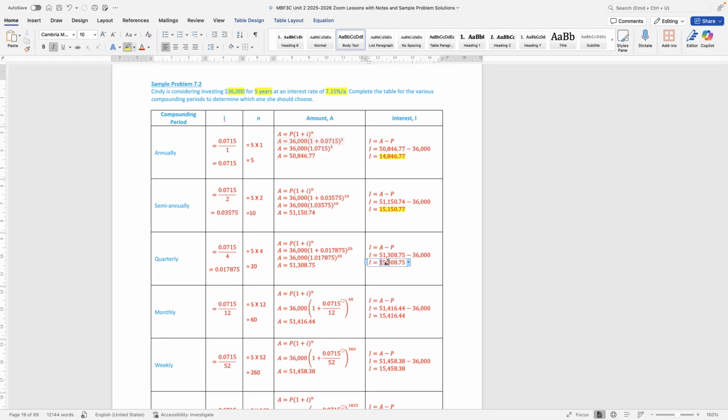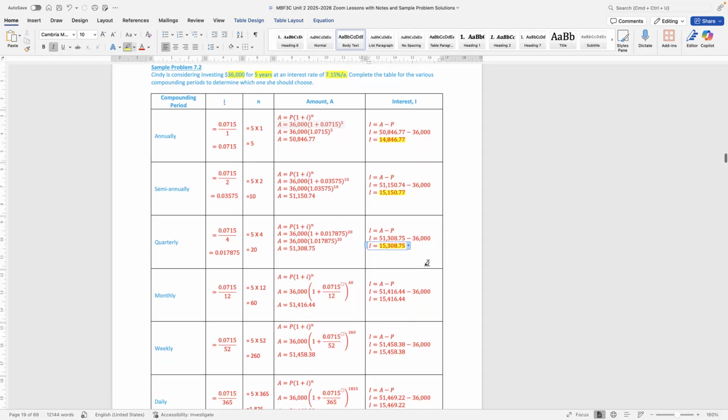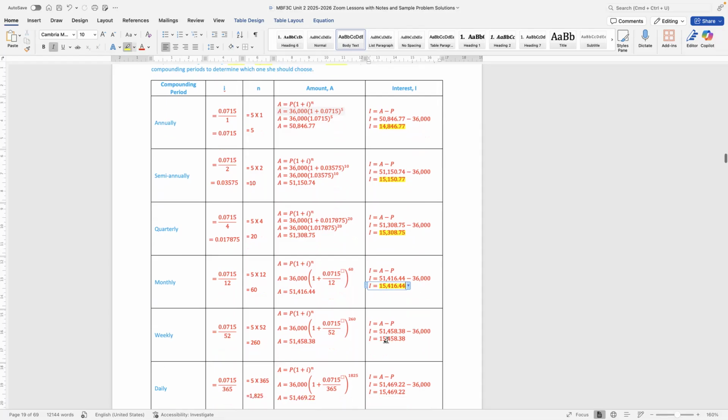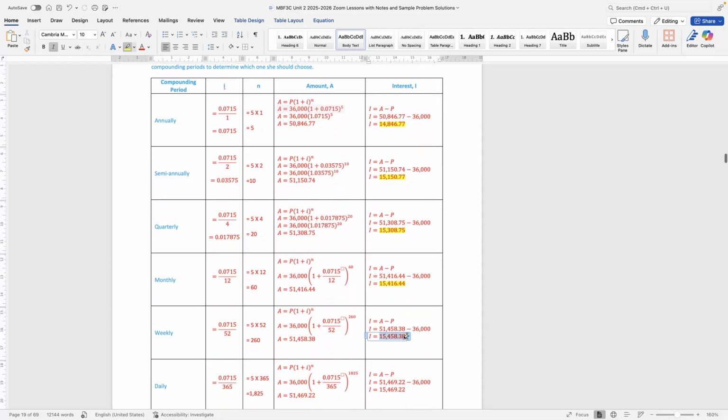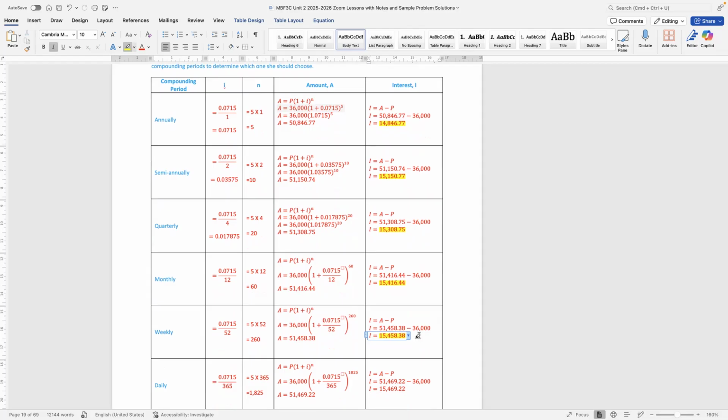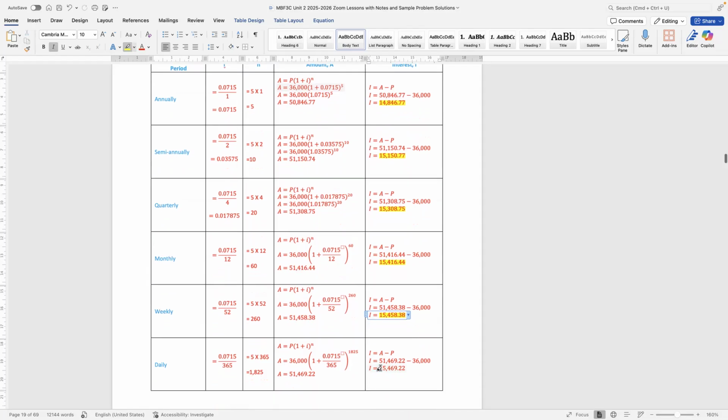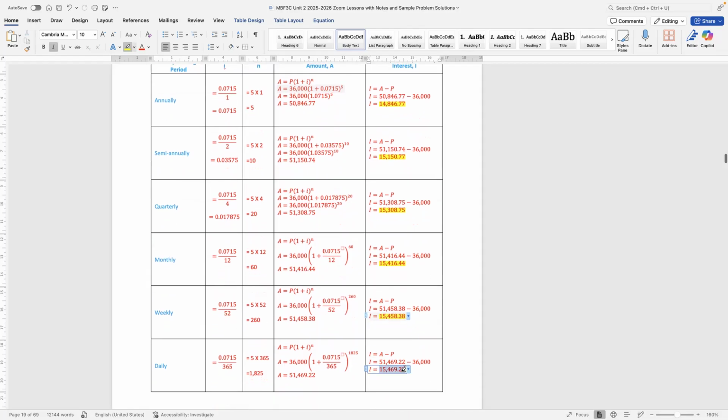Here, 15,308.75. Now you notice that in each one of these, the values are going up. So 15,416.44, 15,458.38, and 15,469.22.